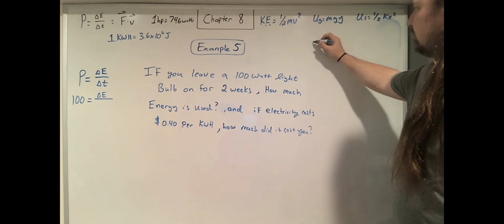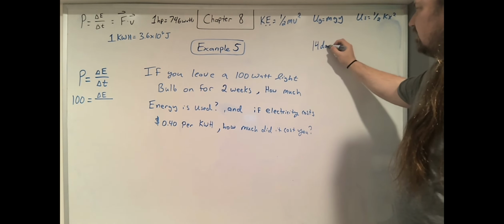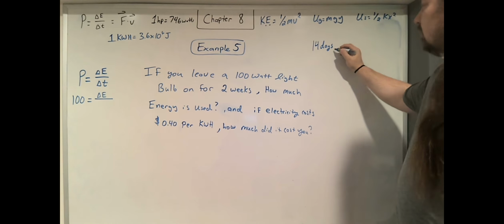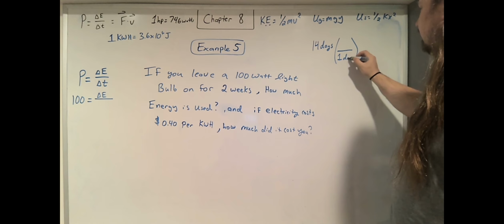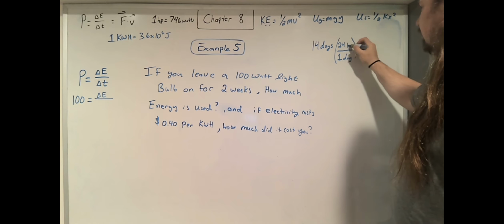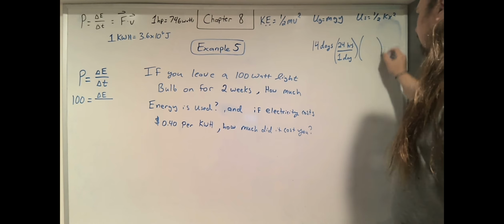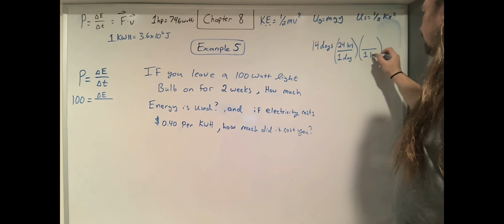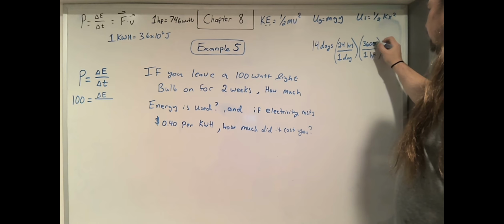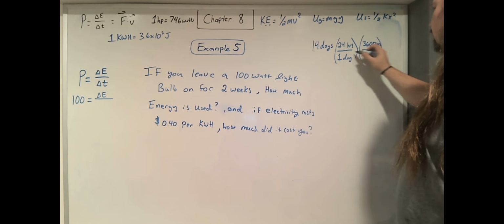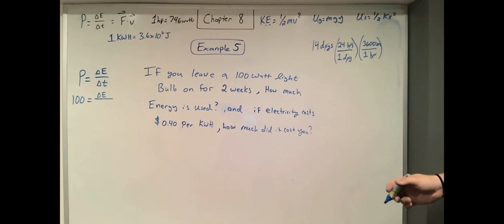All right, so 2 weeks would be 14 days. 14 days means every 1 day is 24 hours. Every hour contains 3,600 seconds. So now hours and days cancel, and this will give us how many seconds are in 14 days.